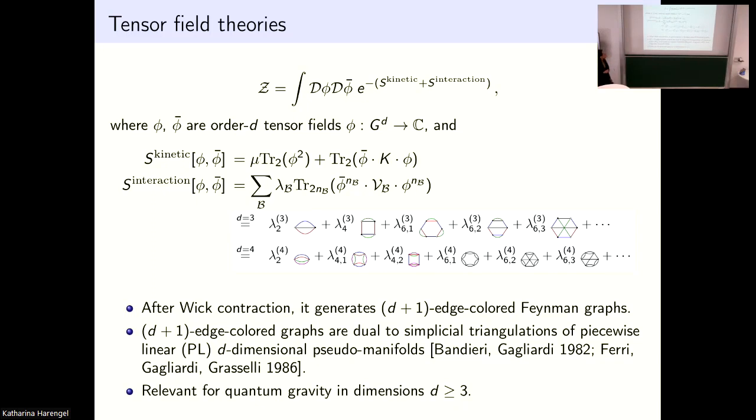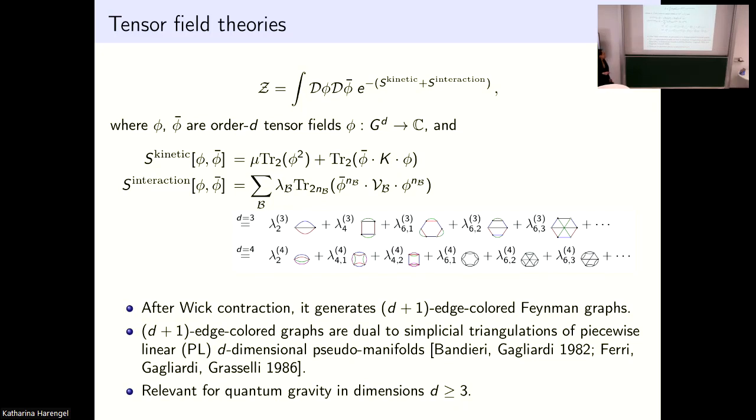Okay. So then, because we're dealing with Gaussian kinetic terms, you can do Wick contractions, and your theory will generate Feynman graphs, and they are D+1 edge-colored graphs. Then there is this theorem that says D+1 edge-colored graphs are dual to simplicial triangulations of piecewise linear d-dimensional pseudo-manifolds.